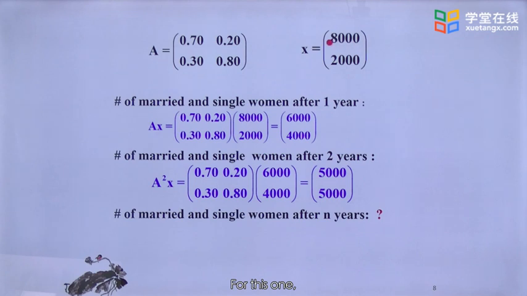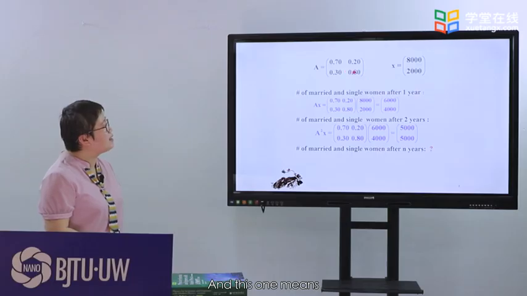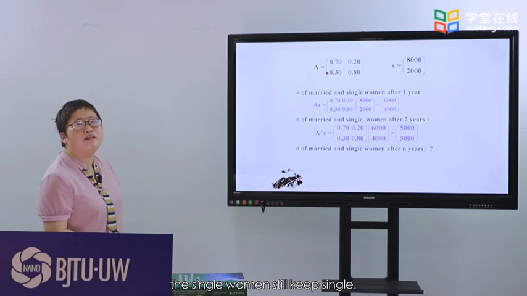And for this one, 0.2 means the single women will become married. And this one means for the married women, 30% will divorce, right? So they will become single. And this one means the single women still keep single, right?